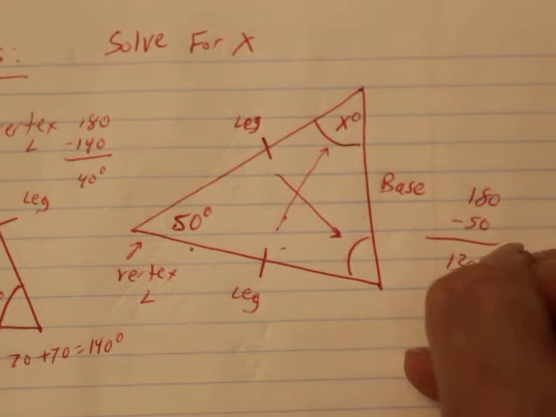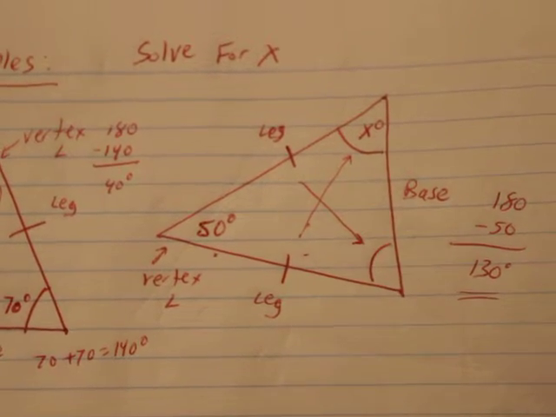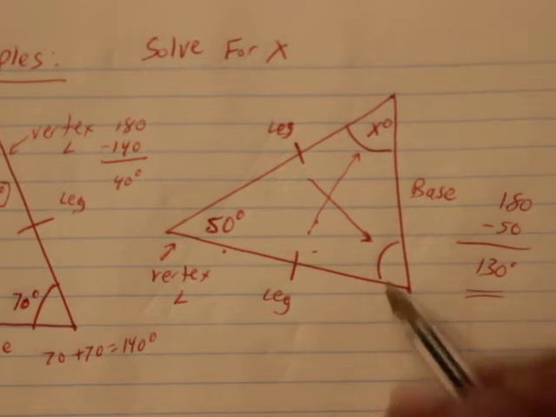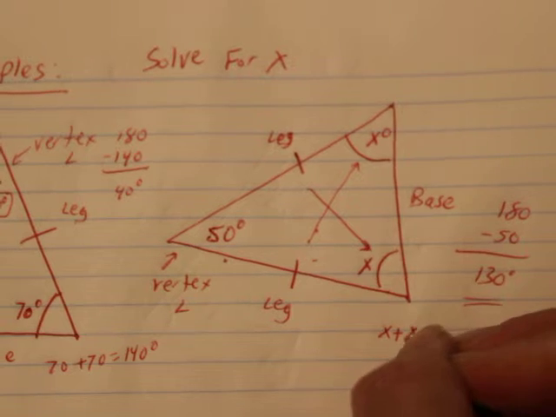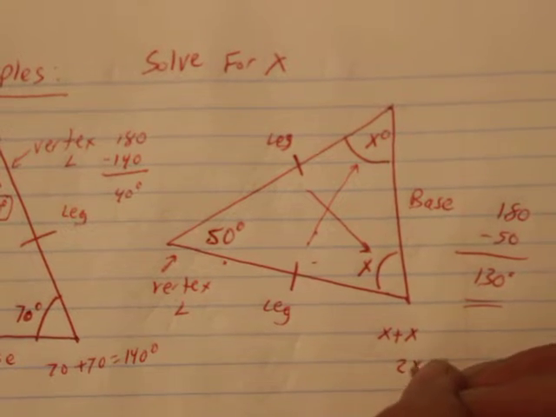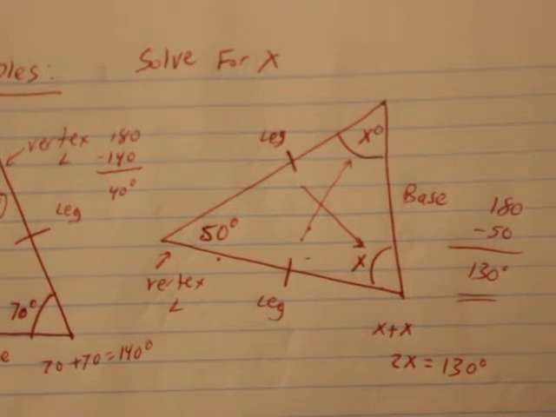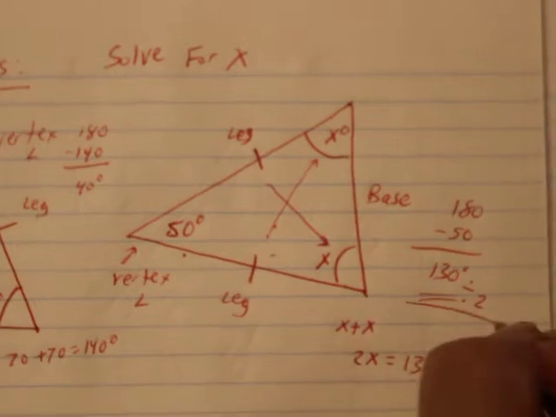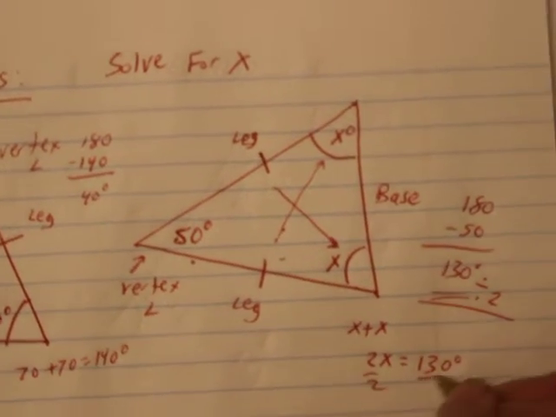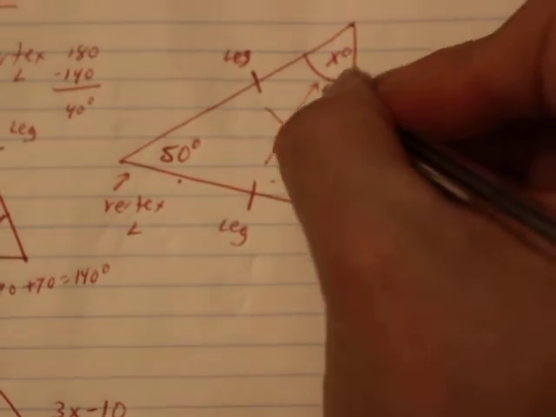And when I subtract 50 from 180, those two angles have to add up to 130 degrees. And since they're congruent, this is also x. So x plus x, or 2x, has to equal 130. For those people who are already way ahead of me, you probably just said, just take that and divide it by 2. Okay, and if you do that, you would be correct. You get 65 degrees.